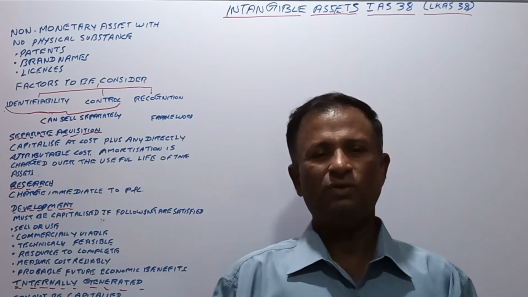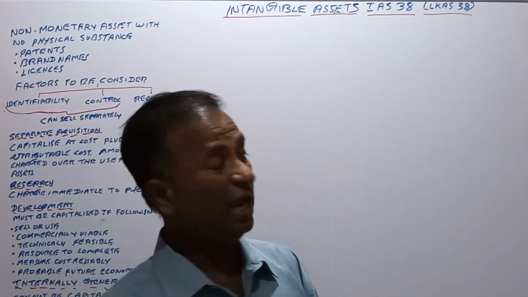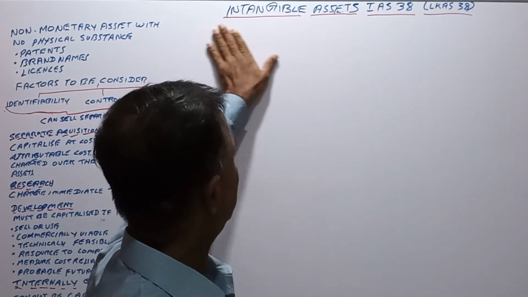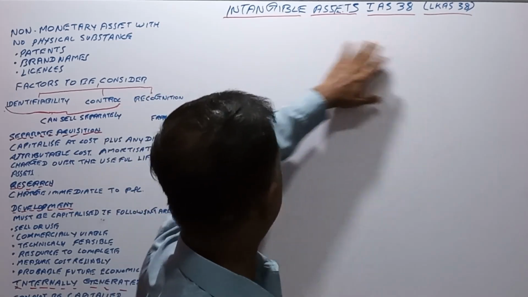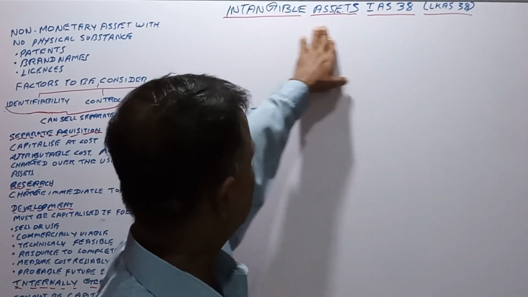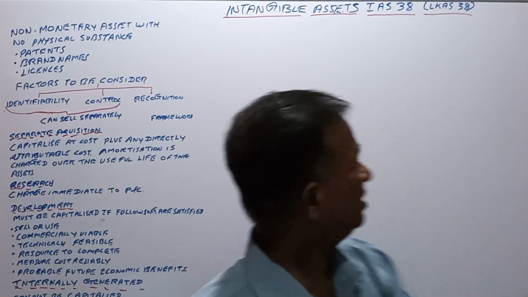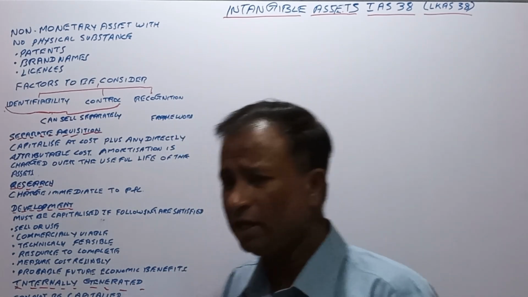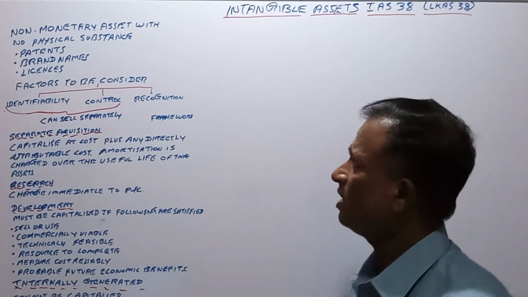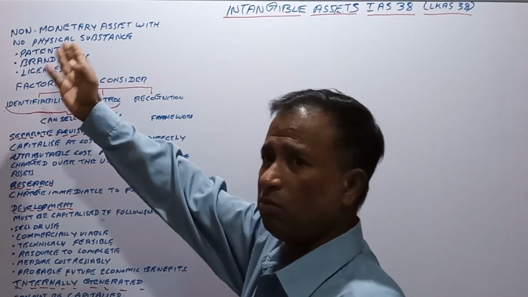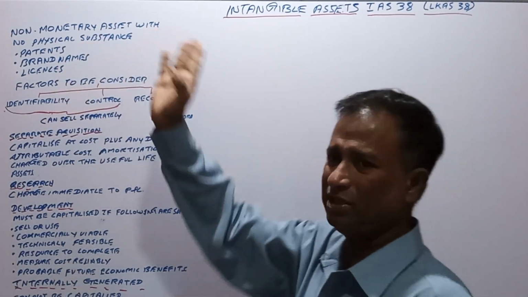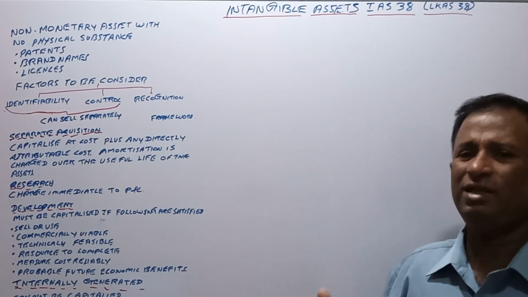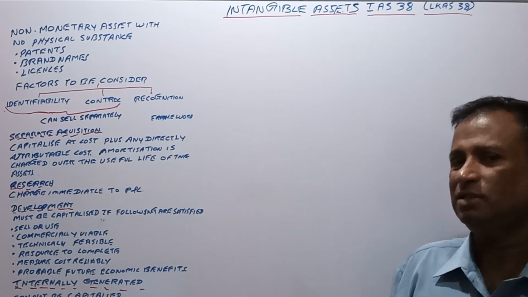Today we are going to see what intangible assets are. IAS 38, the International Accounting Standard on intangible assets, that is LKAS 38, right? Intangible assets are non-monetary items, and they have no physical existence.